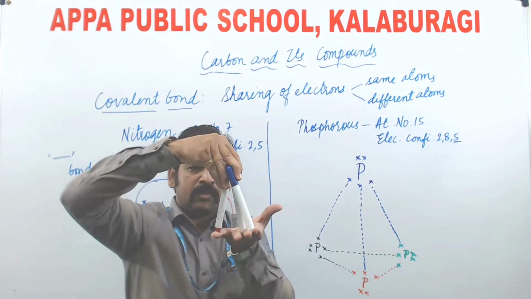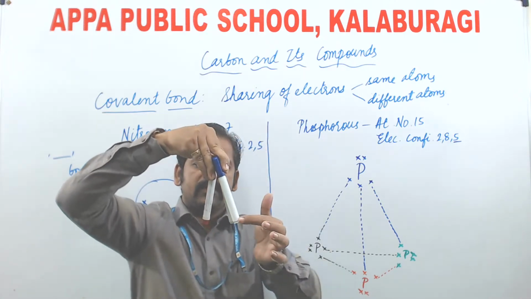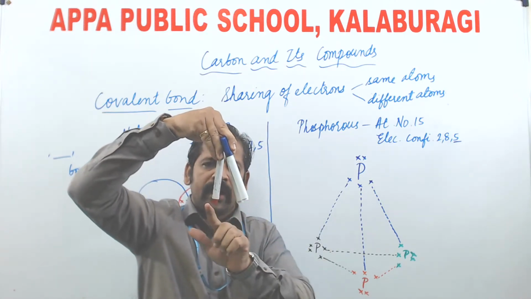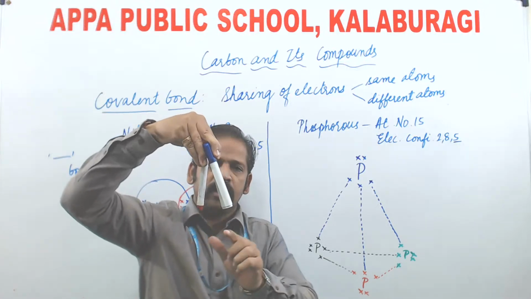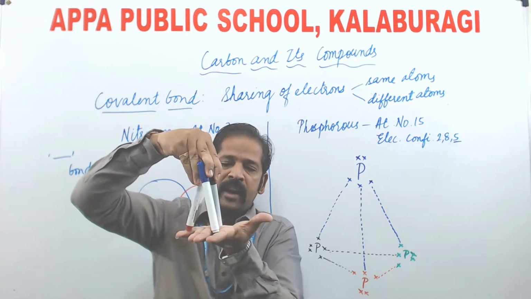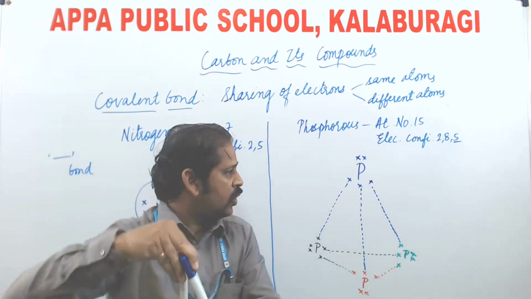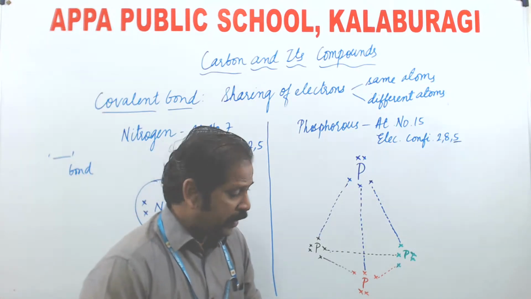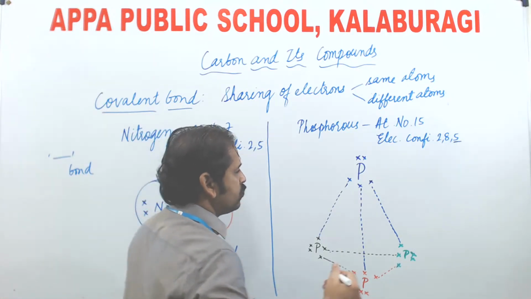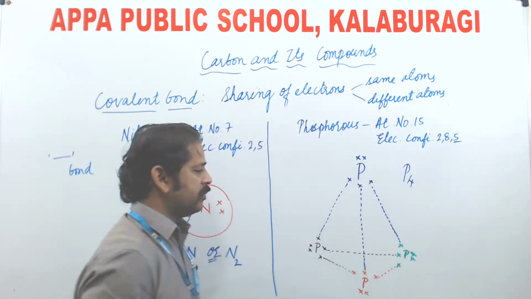The first phosphorus, second phosphorus, and fourth phosphorus, phosphorus 1, 2, 3, 4, they all are interconnected. All the phosphorus are interconnected, so it is called P4.